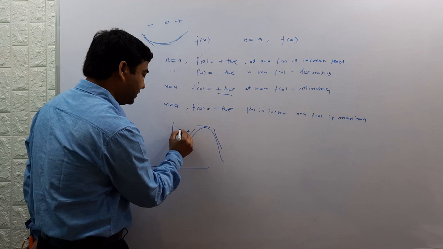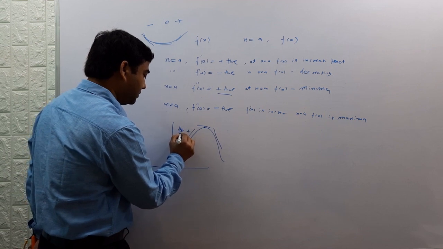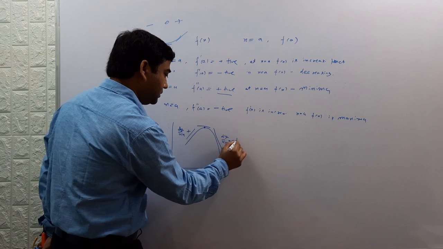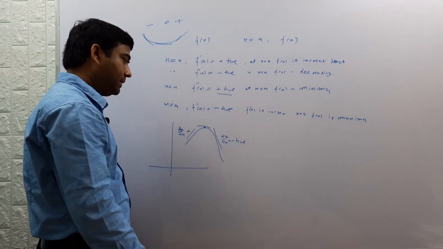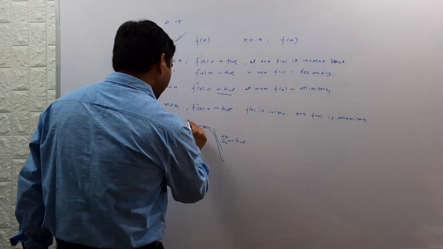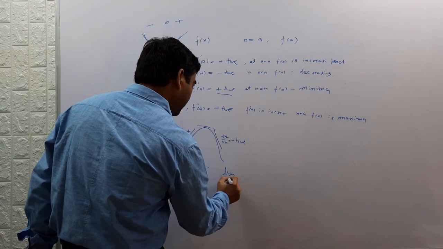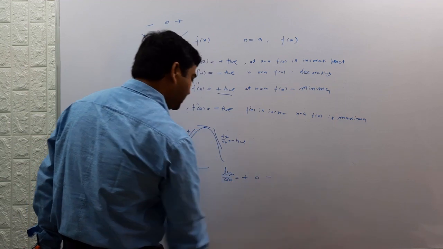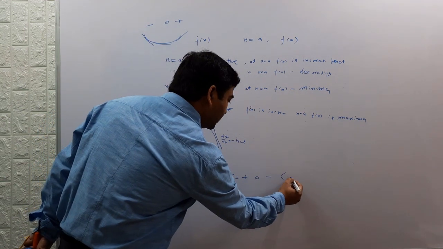Hence, the derivative is positive, and here the derivative is negative. So the sign of dy over dx changes from plus 0 minus. That means it is a decreasing function.